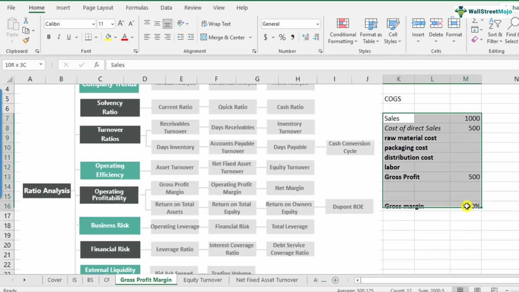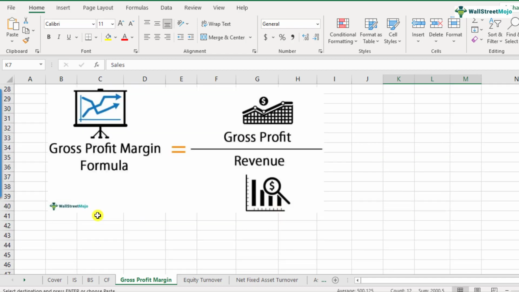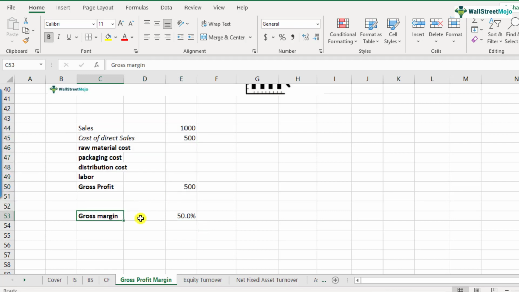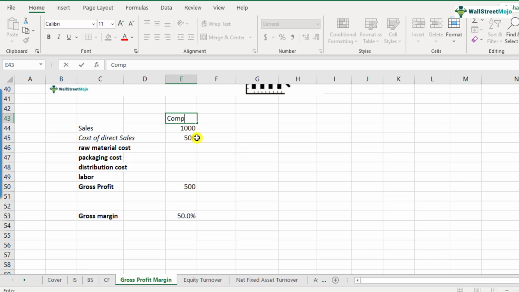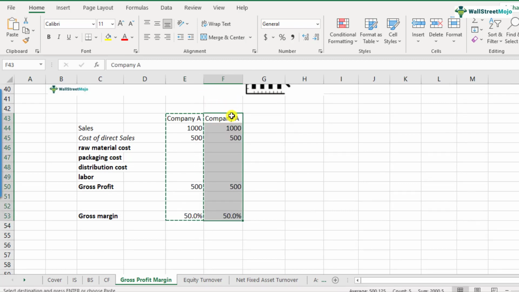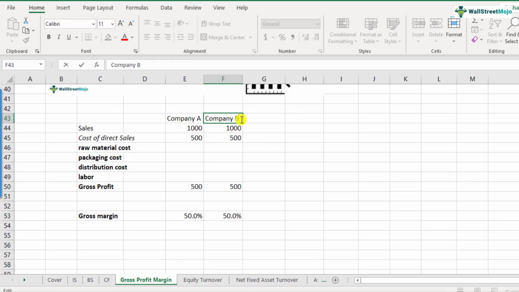Let us now look at some of the nuances of the gross profit margin. I'll just copy the same example, where we got the gross profit margin here. Let's say there are two companies. This was company A. And then there is company B that has a gross profit margin of, let's say, 58.3%.